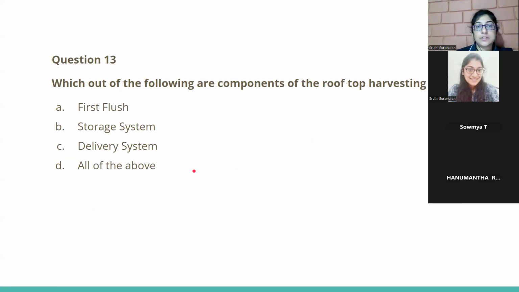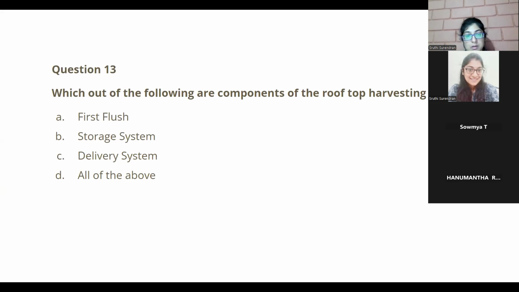Moving on. Which out of the following are components of the rooftop harvesting system? So we had looked into rooftop harvesting.